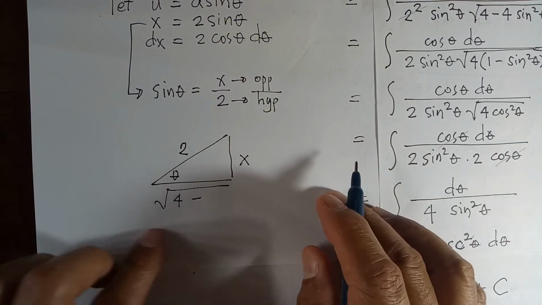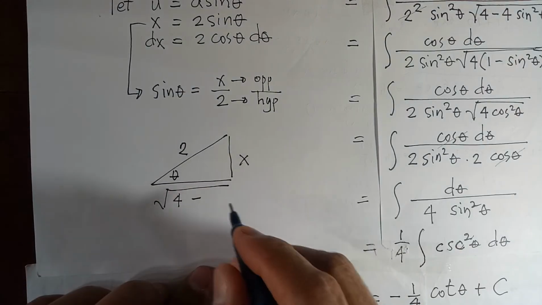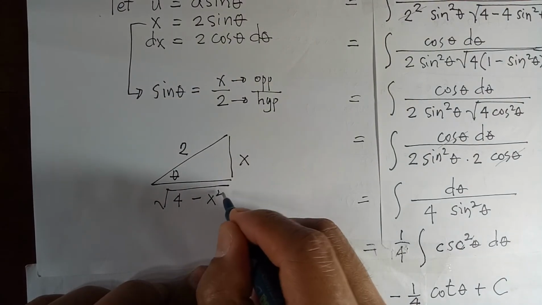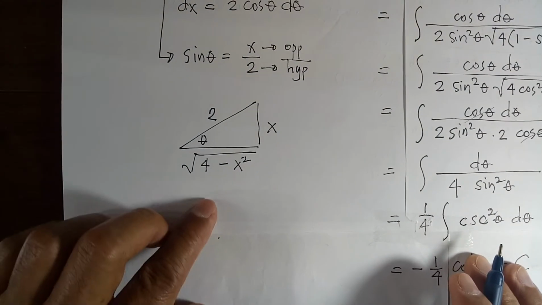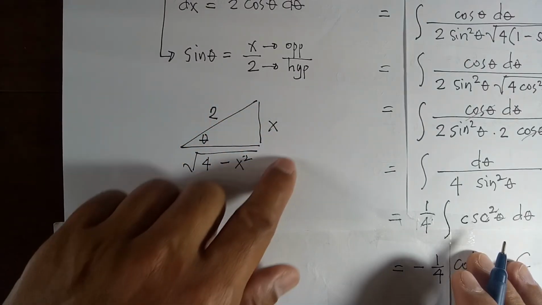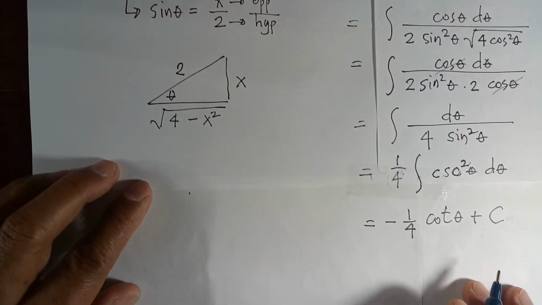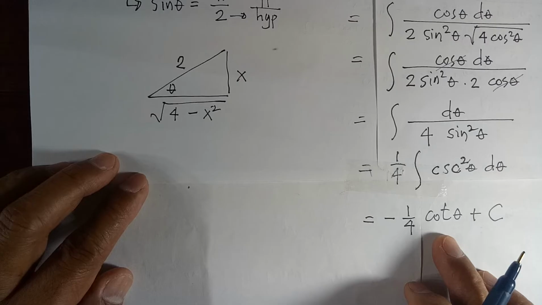And then minus the square of x. So that's x squared.